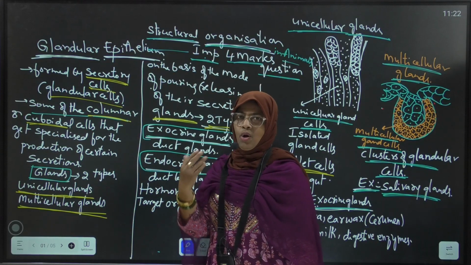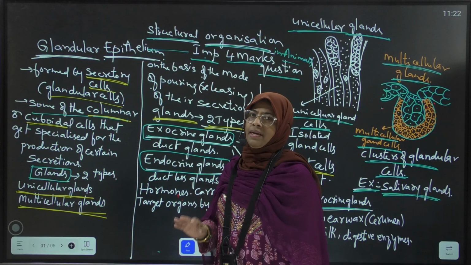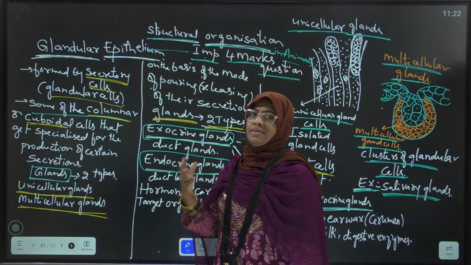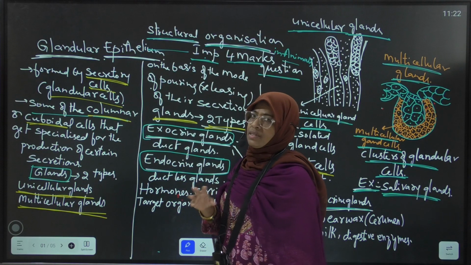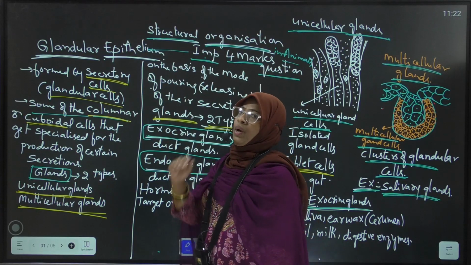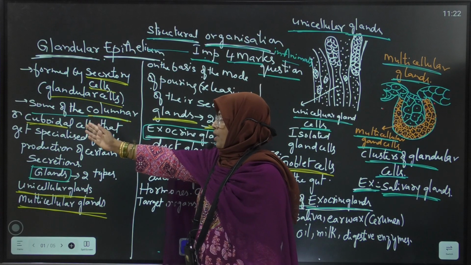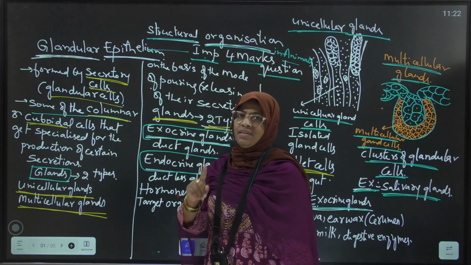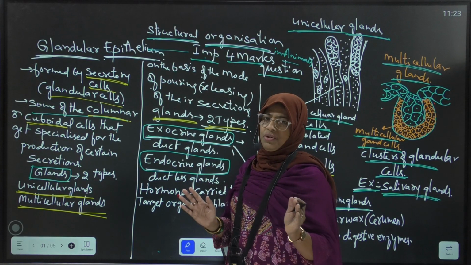Some of the columnar or cuboidal epithelial cells are modified to produce some secretions, and these cells constitute glandular epithelium.